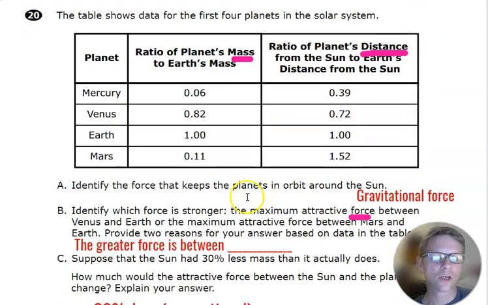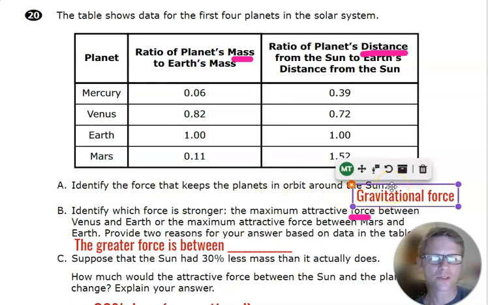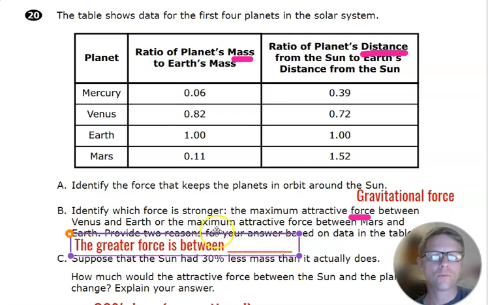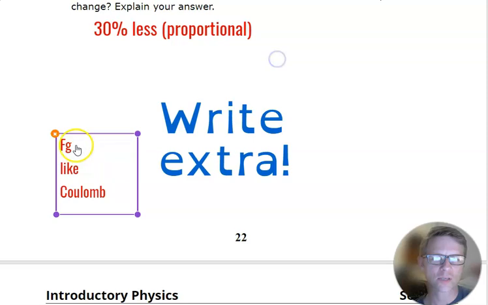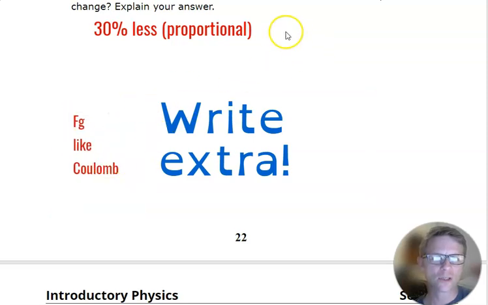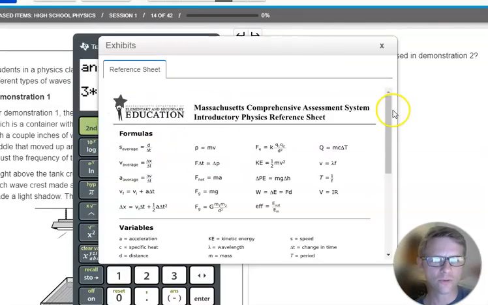This one is tricky and confusing, so let me help you. Basically, they're just asking you to say that it's a gravitational force. We know that there's a greater force between Venus and Earth, because this one's kind of tricky, and I'm going to simplify it a little bit. If you look back, and here you should be writing extra, the gravitational force is like the Coulomb force.